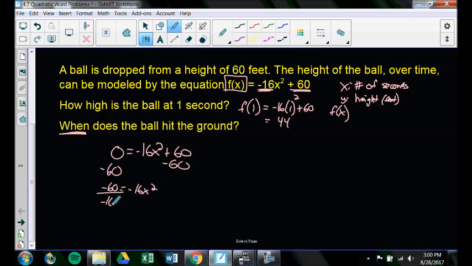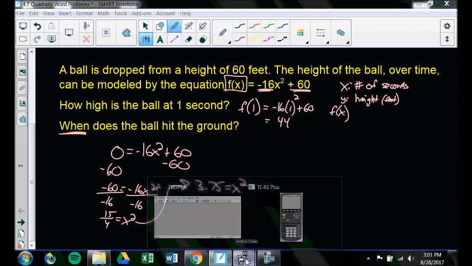Divide both sides by negative 16. 15 over 4, not 15 over 2. And that is 3.75. So, square root both sides.